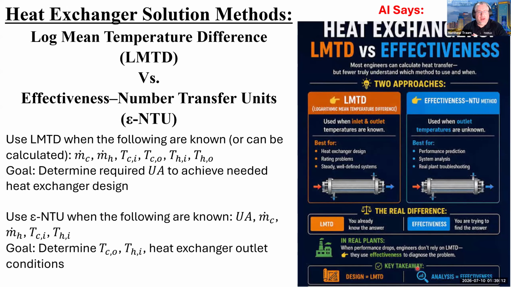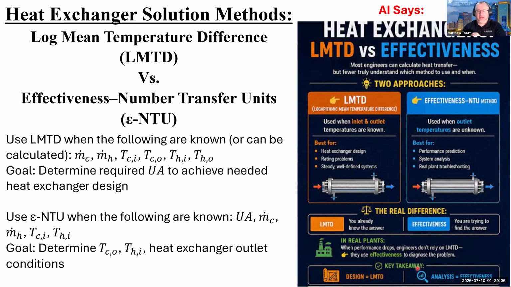There are two of them. The first one is called LMTD, for log mean temperature difference. That's what we're going to talk about in this lecture. The other one is the effectiveness-NTU method, or effectiveness number of transfer units method, and that's the subject of the next lecture. So we're going to talk about LMTD now and effectiveness-NTU next time.